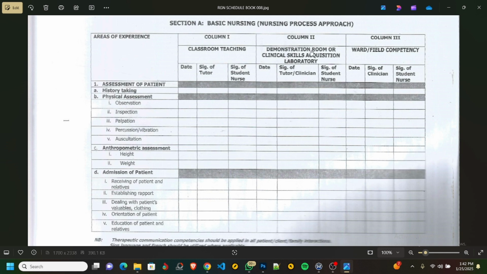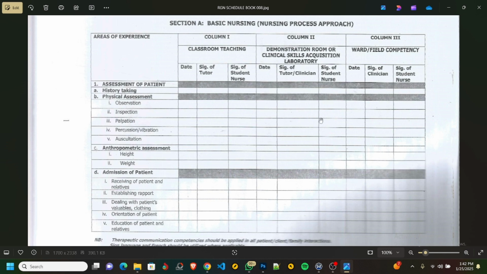Now let's go to column 2, which comprises the demonstration room or clinical skills acquisition laboratory. Let's take note of this. Every school is supposed to have a demonstration room, and in some situations where the clinical skills acquisition laboratory is also located in the clinical setting, that is the hospitals, you would also consider it as such.